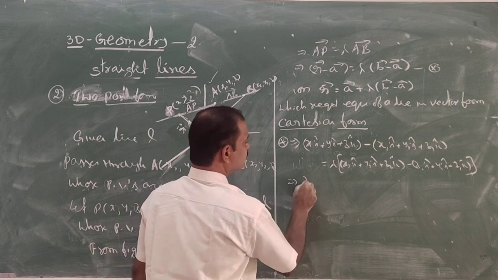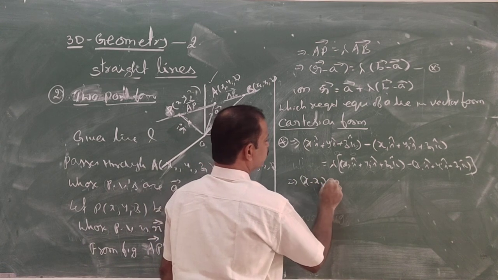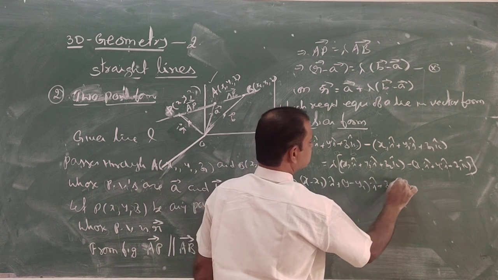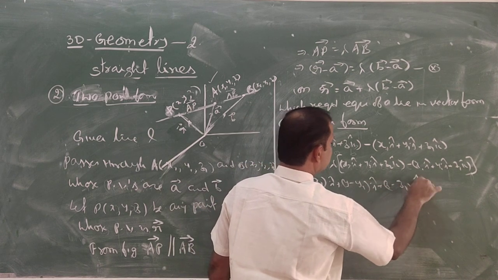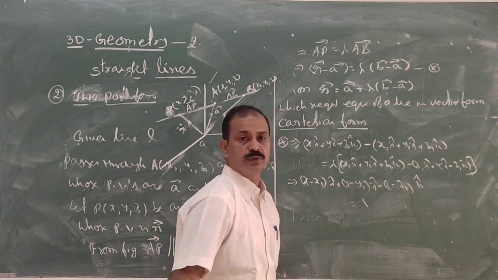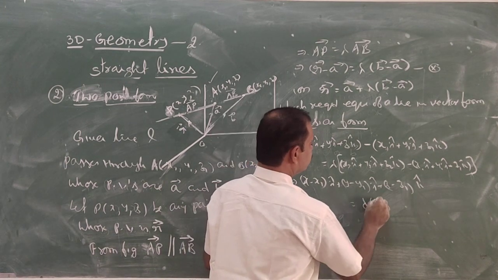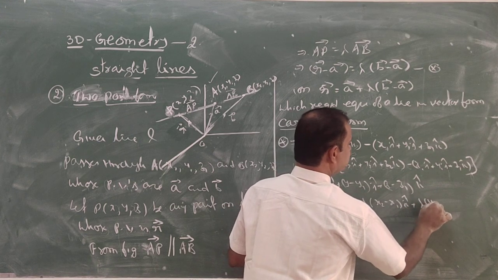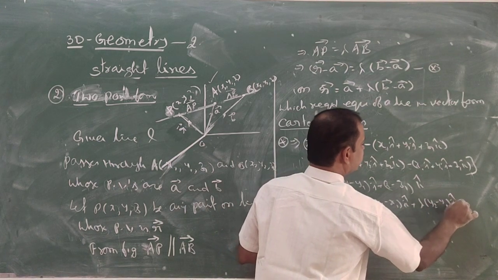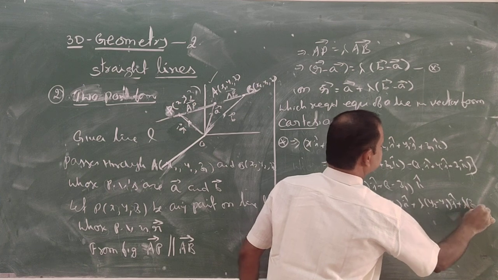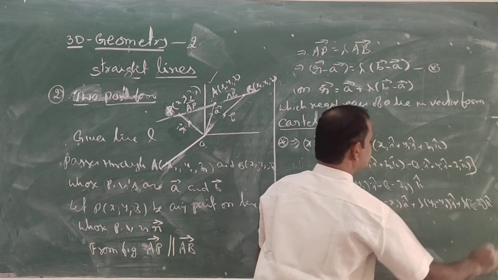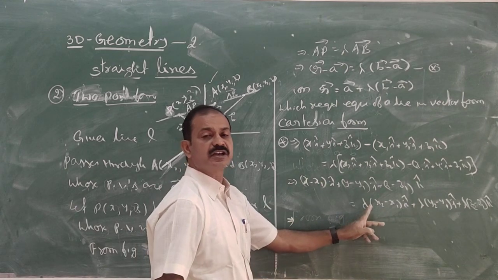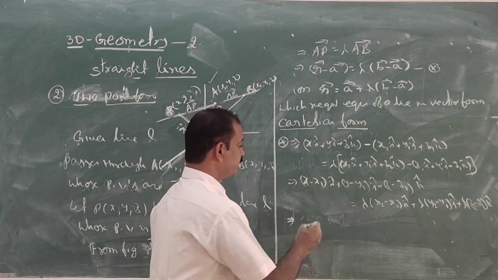Just to simplify this: x minus x1 into i plus y minus y1 into j plus z minus z1 into k is equal to lambda times of x2 minus x1 into i plus lambda times of y2 minus y1 into j plus lambda times of z2 minus z1 into k, which implies, now when two vectors are equal, their corresponding components are equal.